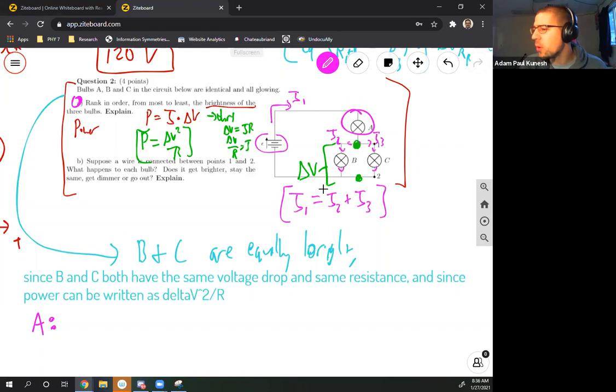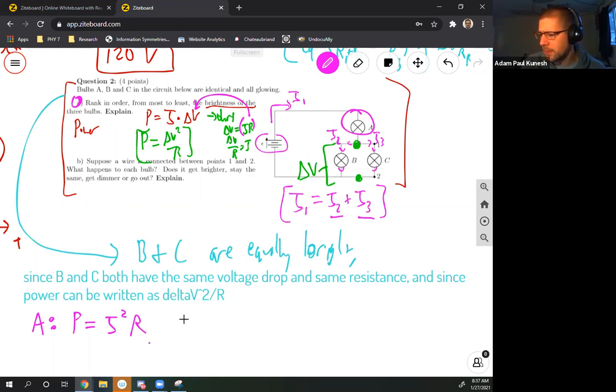A has both I2 and I3 flowing through it, so it's got more current flowing through it than either B or C. Power can also be written as I squared R. That's applying Kirchhoff's voltage law to delta V, plugging in IR for delta V to get I squared R. Since power can be written as I squared R, I see that A is receiving more current than either B or C.